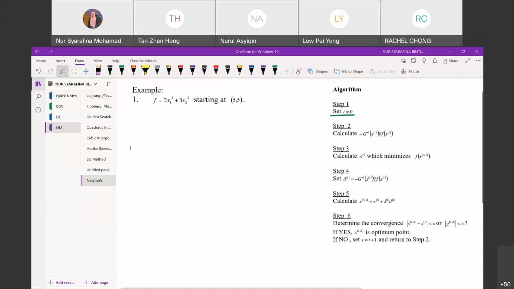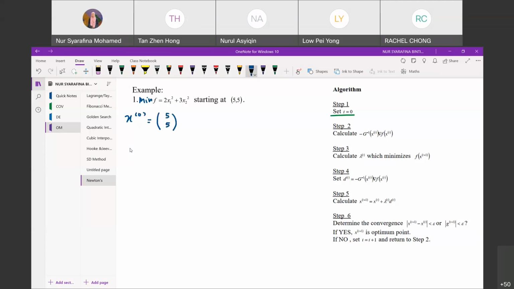Now we want to minimize this function. Let's start at 5, 5. So at i equals 0, we have x naught, and x naught is 5, 5.